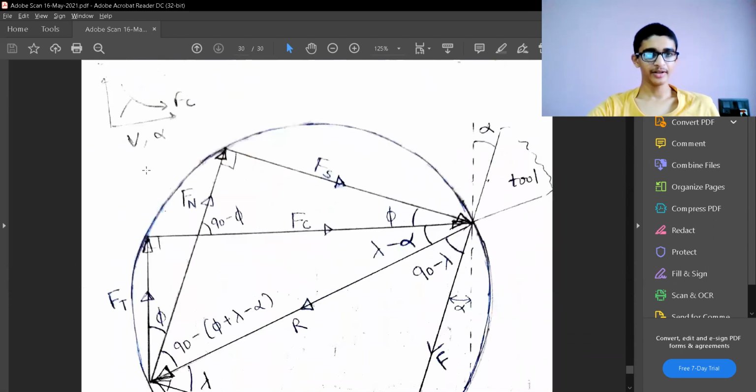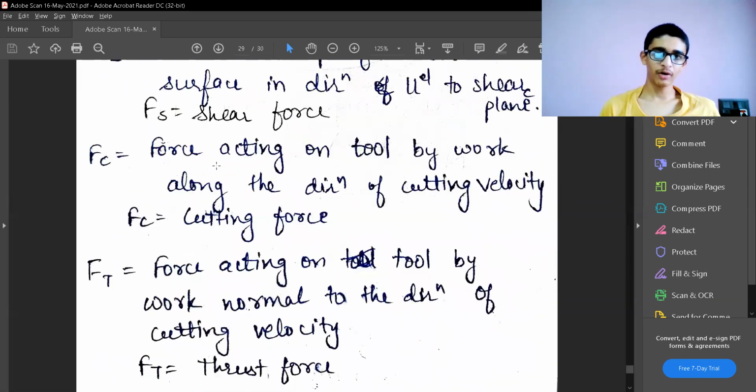Then Fc and Ft. Fc is the force acting on the tool by the work or the job, that is the reaction force along the direction of cutting velocity. This is the cutting force, Fc, and Ft is the force on the tool by the workpiece in the direction normal to the cutting velocity, which is called the thrust force.